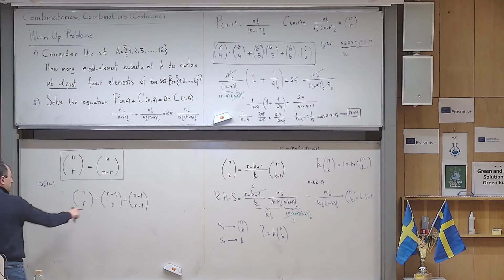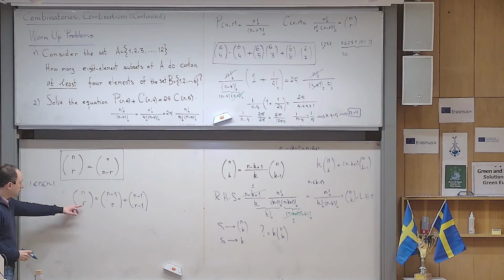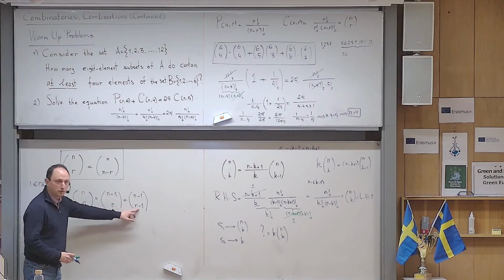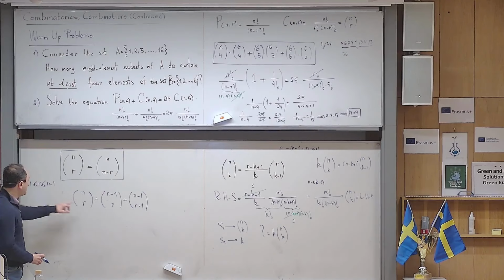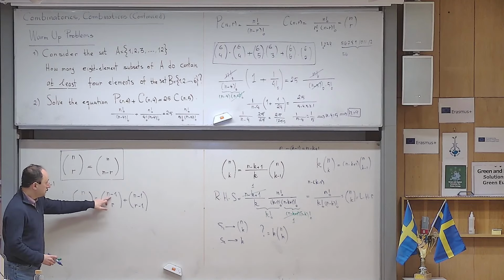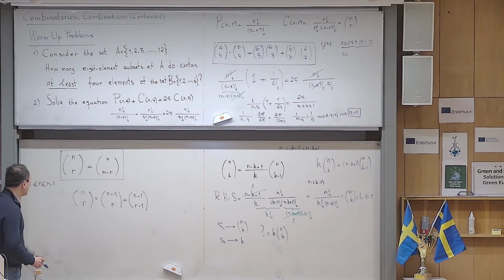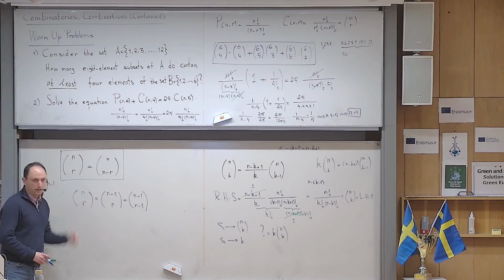And then because r minus 1 appears here, the minimum value for r should be 1. Because in principle r could be 0, but in this problem r cannot be 0, because if r is 0, I will be in trouble. I will get a minus sign here, minus 1 here. And then in principle r can be maximally n, but if r is n, then this number is bigger than that number. This doesn't make sense. So I have to respect these limitations. Under these limitations, then it means that this is valid.